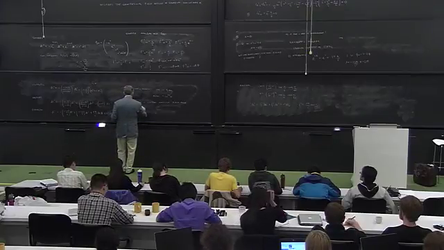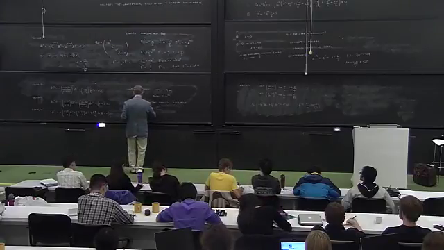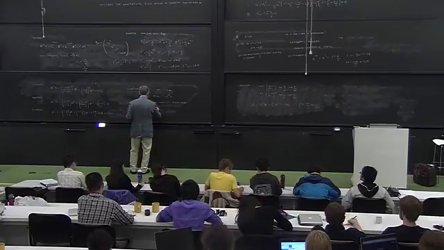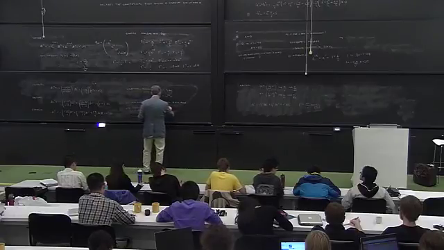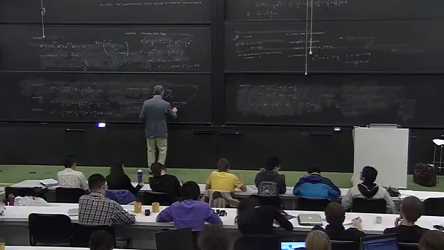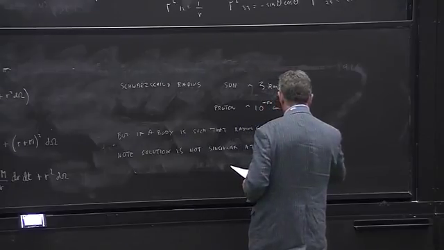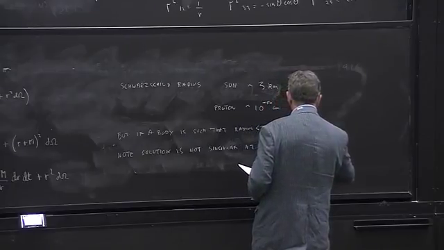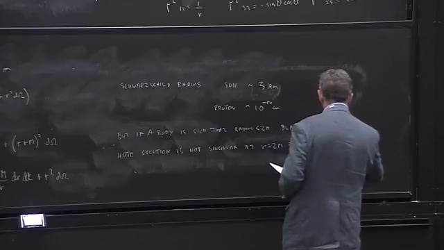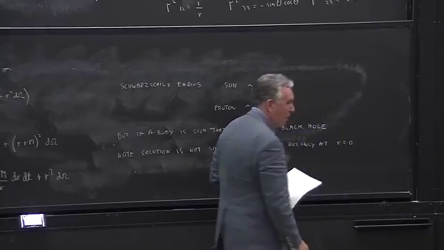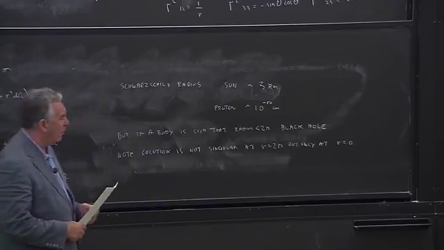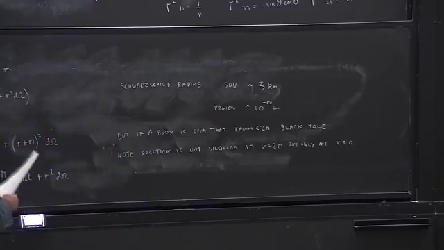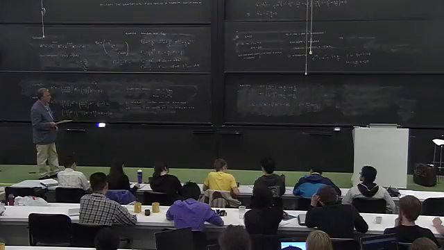However, the solution is not singular at r equals 2m, but only at r equals 0. So the Schwarzschild solution does have a singularity, but its singularity, despite appearances, is not at the Schwarzschild radius.